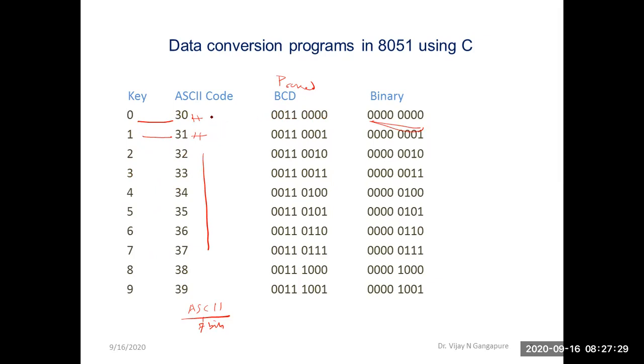So what is our objective? Our objective is to convert these ASCII codes to BCD codes, or BCD codes to ASCII codes. Another code used in IBM machines is EBCDIC, which means Extended Binary Coded Decimal Interchange Code. It is actually 8 bits. With 7 bits I can use 128 unique combinations, which means I can represent 128 characters, symbols, numbers, or letters using ASCII code.